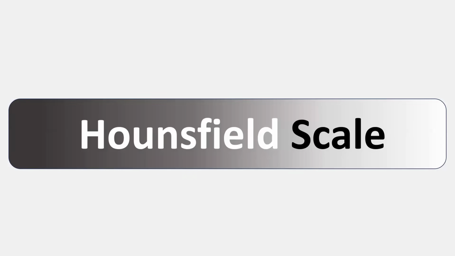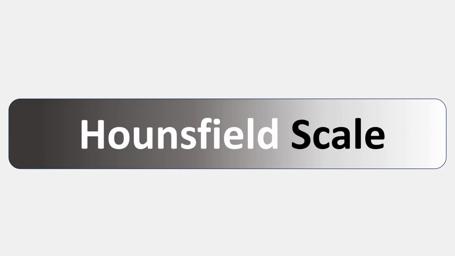There is something we use as radiologists, and it's called the Hounsfield scale. So I said that each voxel has been given a certain numerical value, and I don't really know what these values are measured in, but to make things easy, Godfrey Hounsfield, who invented the CT scan, developed a scale that we call the Hounsfield scale, and he said, let's just give the attenuation value of water the number 0.